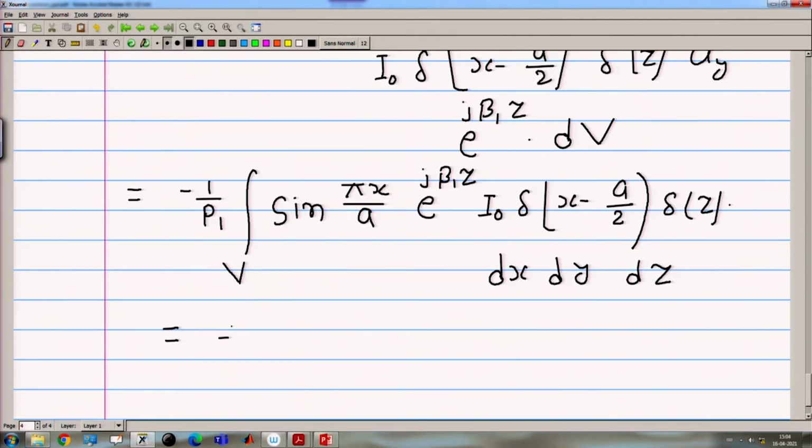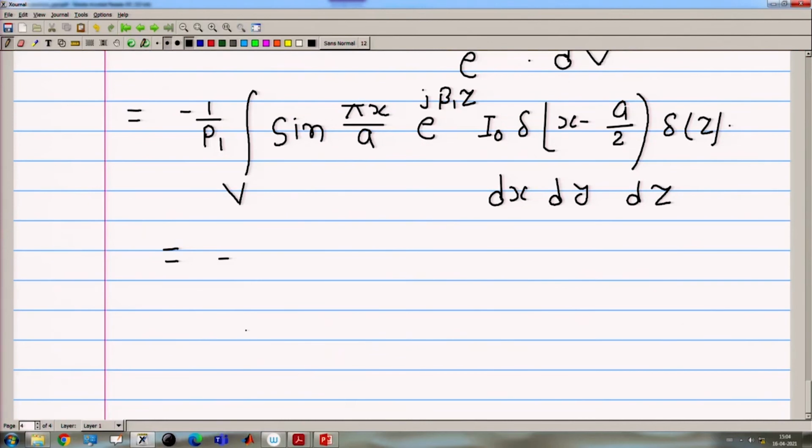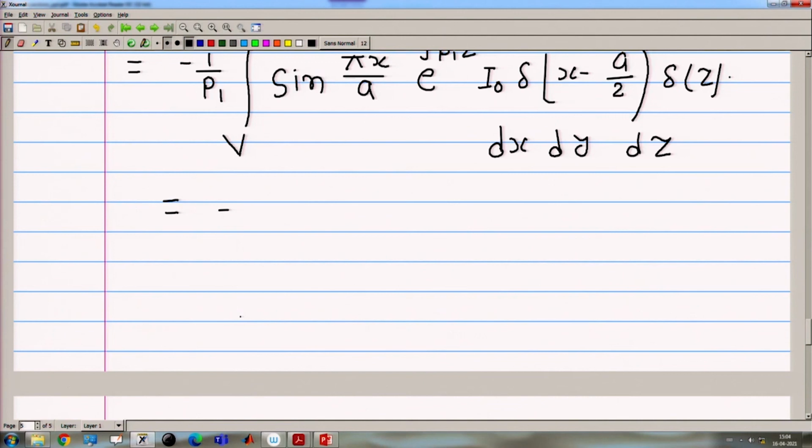Here it is delta of x minus a by 2. So the integration for this, we have to substitute x is equal to a by 2 in the sin pi x by a. So at x is equal to a by 2, sin of pi by a into a by 2, this value will be pi by 2 and the value of the sine will be 1.